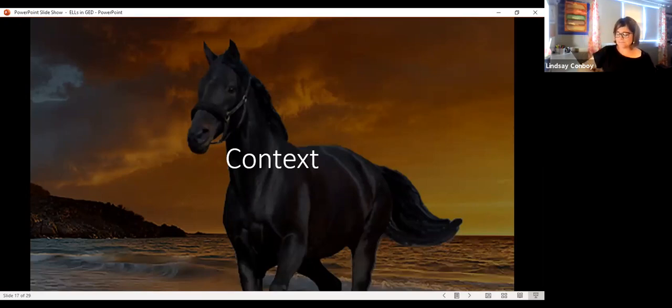The excerpt was from the perspective of the horse, and it used an onomatopoeia. So understanding personification, Black Beauty is in the first person from the perspective of the horse, the onomatopoeias. These are all things that our students may not be understanding.